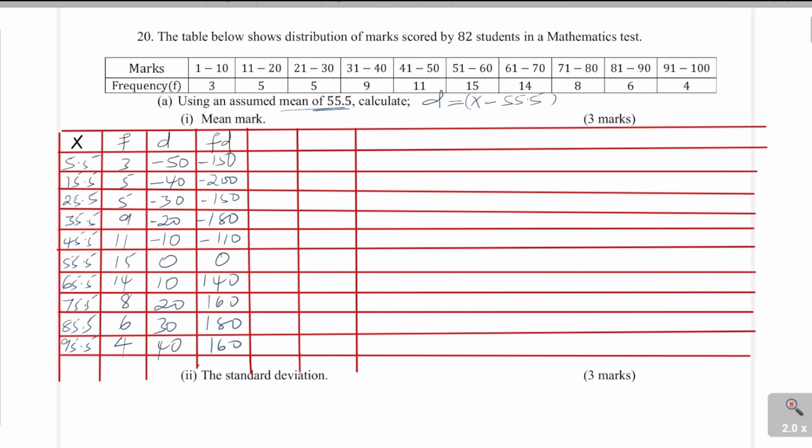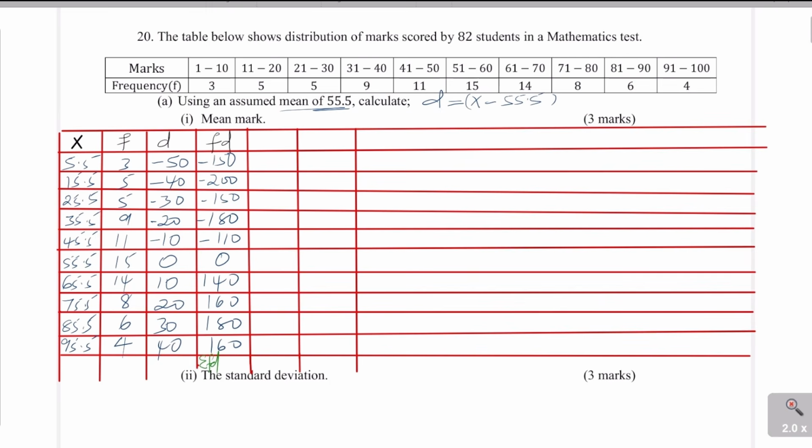From there, we need the summation of FD. We add everything in this column. Take a calculator: -150 plus -200 plus -150 plus -180 plus -110 plus 0 plus 140 plus 160 plus 180 plus 160.